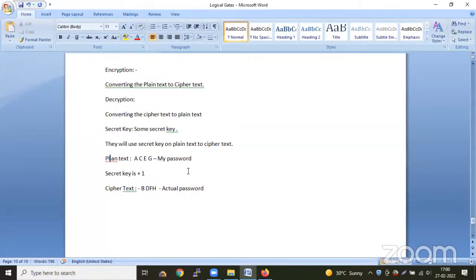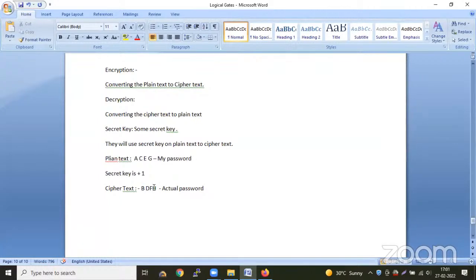If I want to share my password with everyone, everyone knows it is ACEG. But what I have done is I have encrypted it. That is not my actual password. If you take +1, then you will get my actual password.